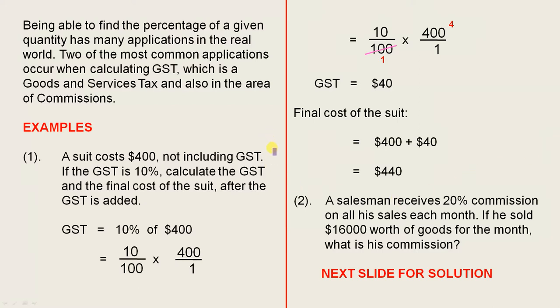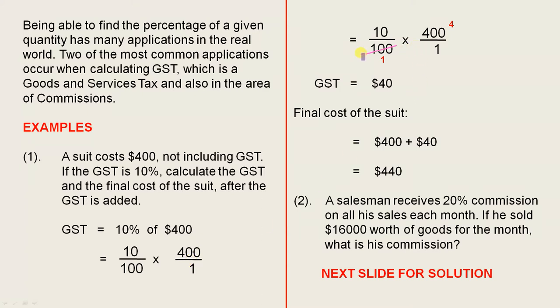Number one. A suit costs $400, not including GST. If the GST is 10%, calculate the GST and the final cost of the suit after the GST is added. So let's calculate the GST first, which is 10% of $400, which is 10 over 100 times 400 over 1.